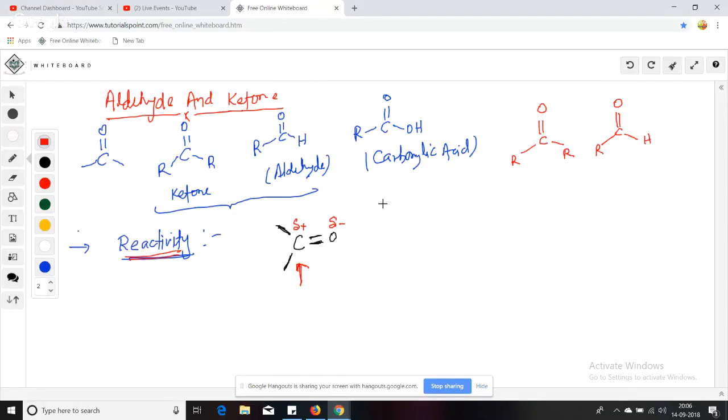We know alkyl groups show plus I nature, so they have electron releasing tendency. This one with two alkyl groups is the ketone, and the other one is the aldehyde.